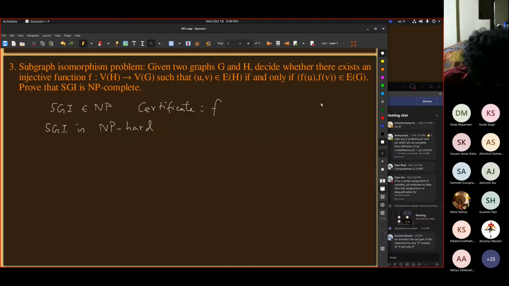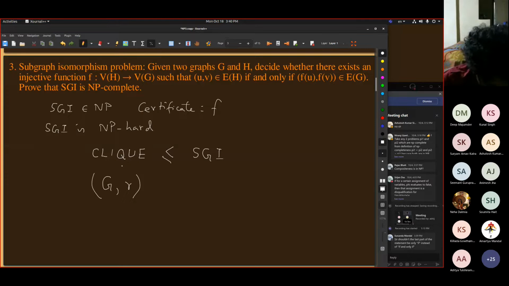Okay, so this is, I think, a good idea. In fact, I can also reduce Ham cycle to it. Clique to subgraph isomorphism. So let's say (G, R) is an instance of clique. So I'm essentially trying to find out whether this graph G has a clique of size R or greater than or equal to it. Doesn't matter.